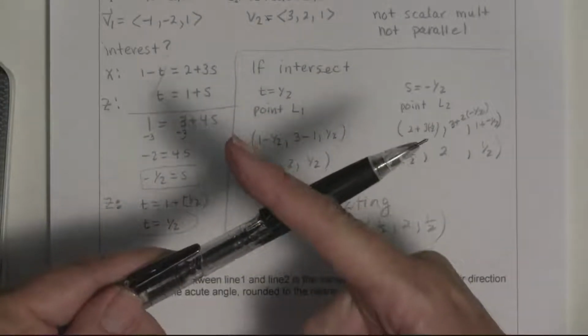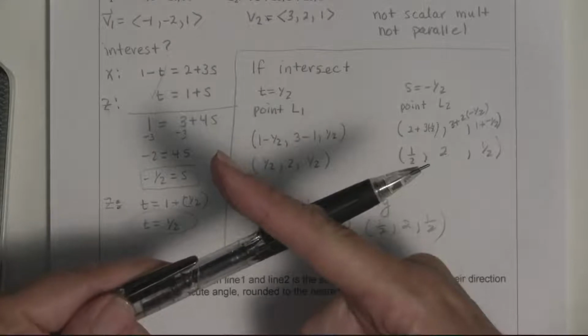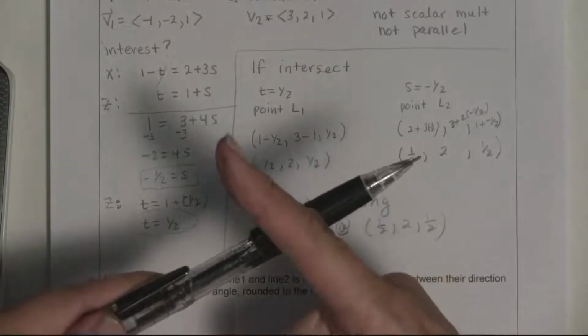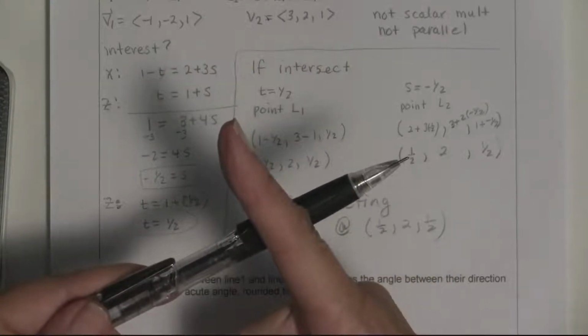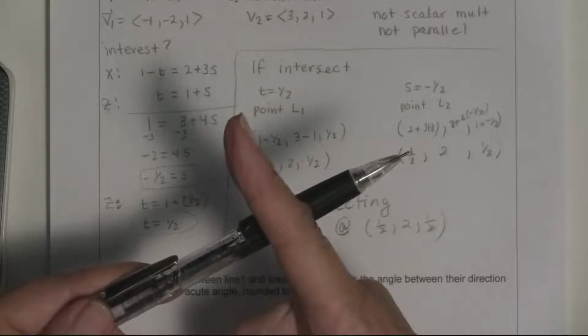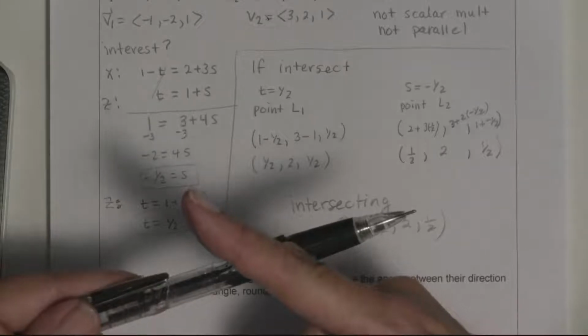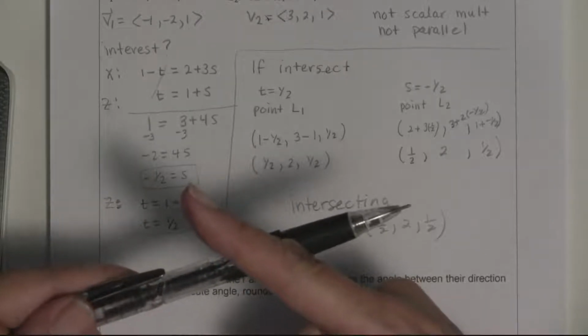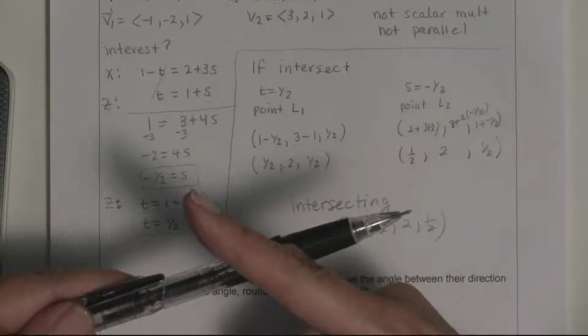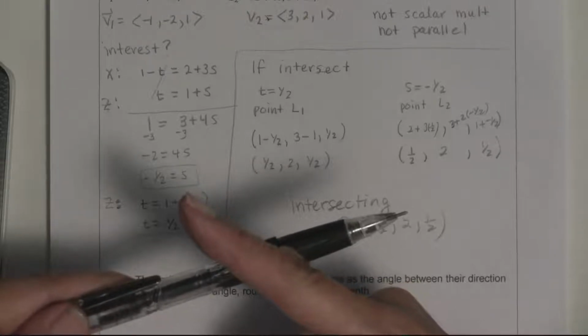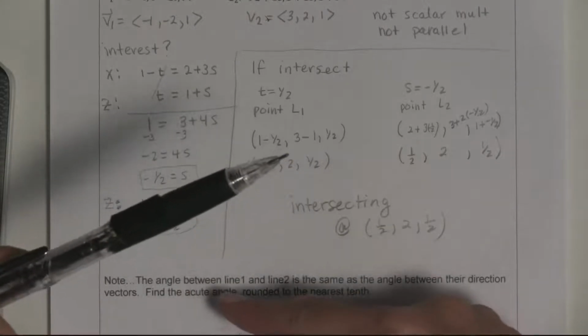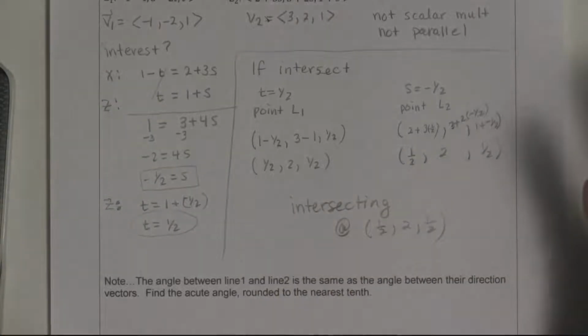When two lines intersect, they either intersect at a right angle, and then all of the angles would be 90 degrees, or if they intersect a little bit off of a right angle, then you'll have an acute angle and an obtuse angle. Here they're asking us for the acute angle that they intersect at.